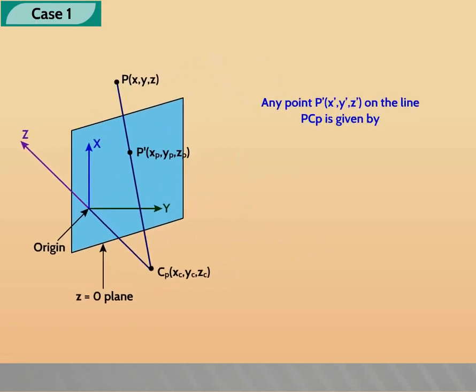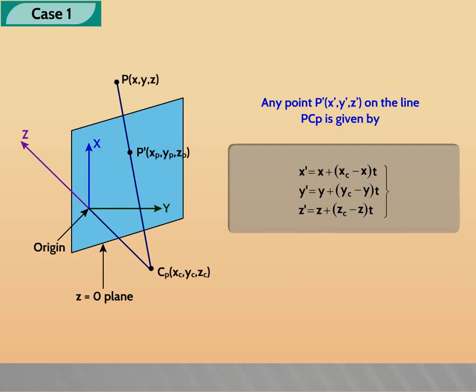Any point P dash, x dash, y dash, z dash on the line PCp is given by x dash is equal to x plus xc minus x into t. Y dash is equal to y plus yc minus y into t. Z dash is equal to z plus zc minus z into t, where t is the parameter.